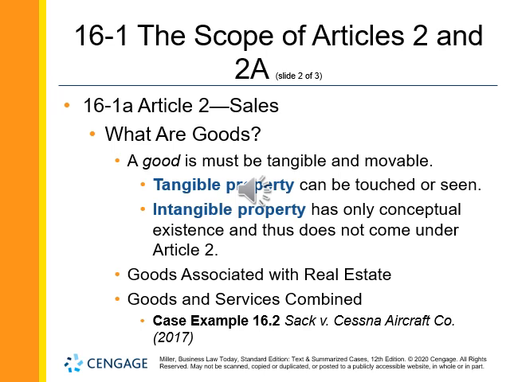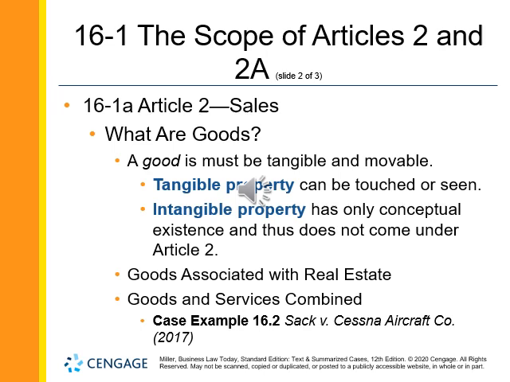Goods that are associated with real estate are generally referred to as fixtures. Because they are so closely associated with real estate, they are considered not to be movable unless they are detached from the real estate.